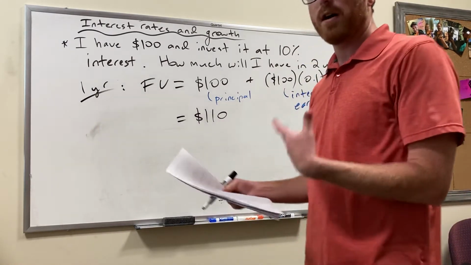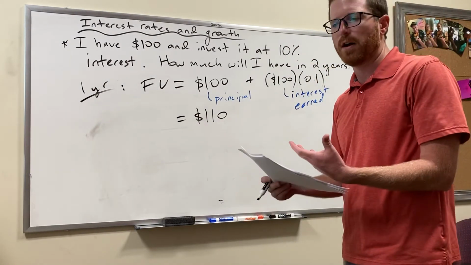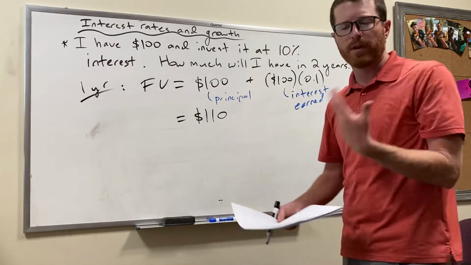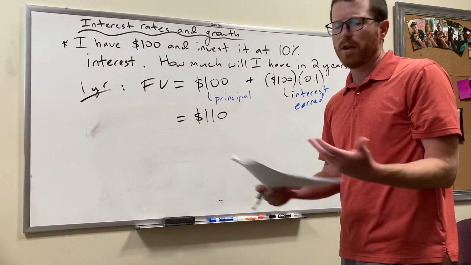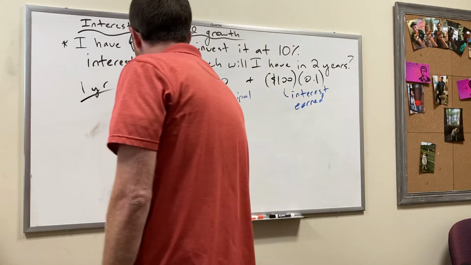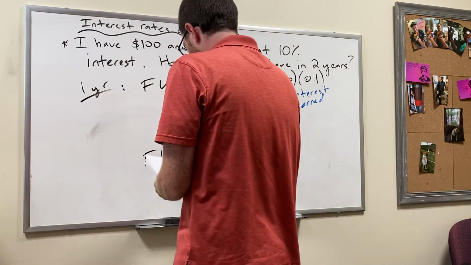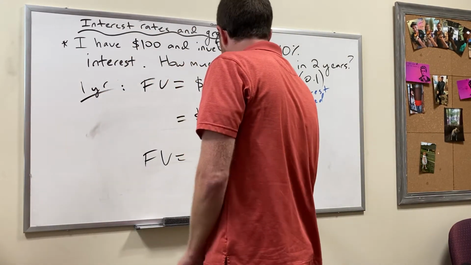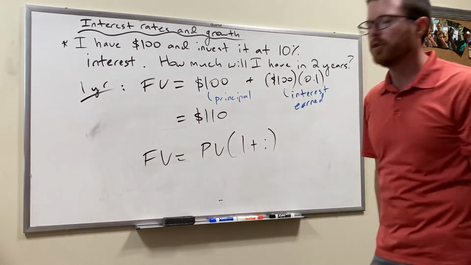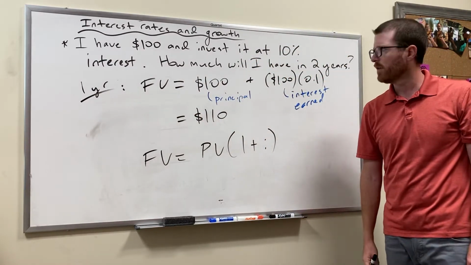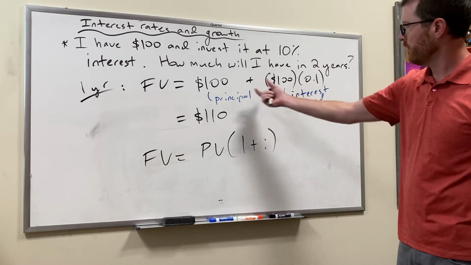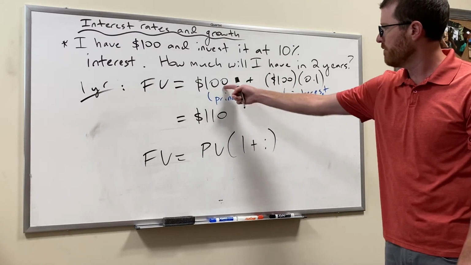Now thinking about this more formally, moving away from these specific values and thinking about how we might use this to solve for any value. For 1 year, the future value could be defined as the present value times 1 plus the interest rate. That's what you'll find here. Notice $100 is the present value.